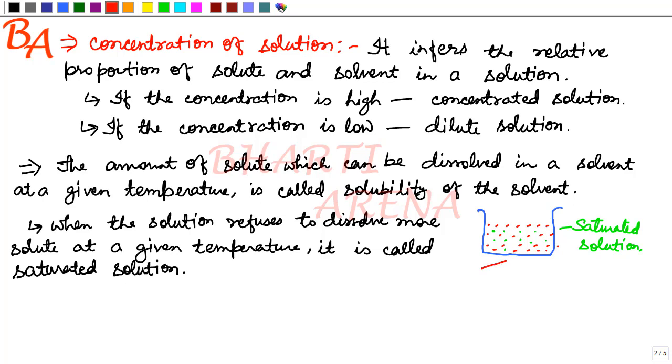But when heat is provided to the solution, that is, the temperature is raised, the randomness of these particles will increase, and when the randomness of the particles increases, the intermolecular space will also increase, and when the intermolecular space is increased, then the solubility of the solvent will also increase.